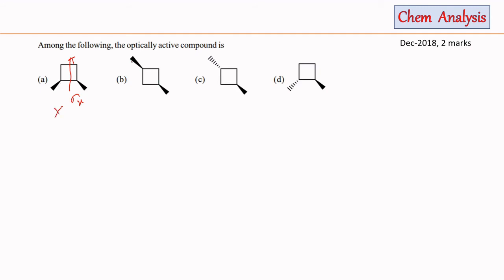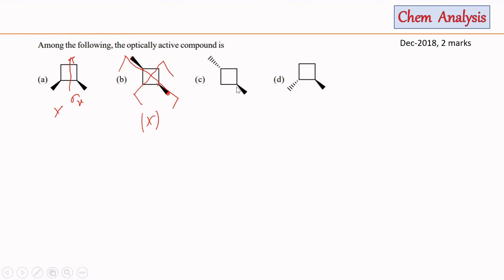And similarly in this case also there will be a sigma plane containing this methyl group and these two carbon atoms, and it will bisect this molecule into two equal halves, or there is a possibility of a sigma plane along this carbon-carbon bond. This will also bisect this molecule into two equal halves, so it will also be optically inactive.